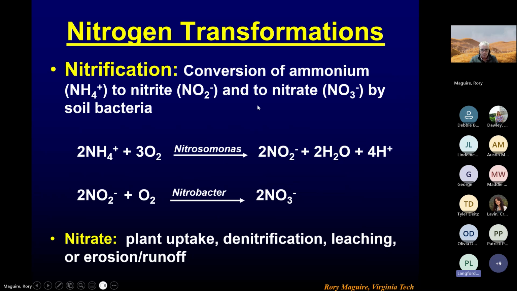And then we'll take that nitrite plus some oxygen, and then the nitrobacter will transform that into nitrate. Nitrate is the most commonly uptaken form of nitrogen, but it can be subject to denitrification, leaching, or erosion or runoff. Next slide, please.